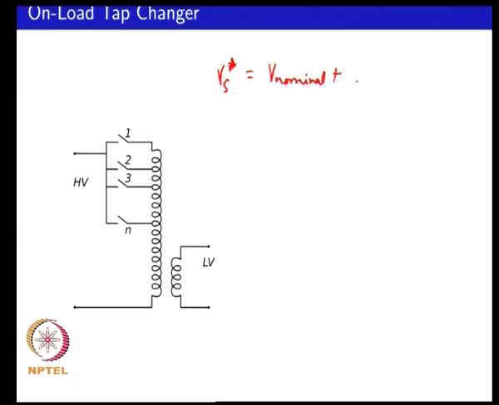plus some boost voltage corresponding to the impedance up to the 30% distance times your current that is being drawn at the substation, because you physically cannot take a sensing wire, put it few kilometers out to sense the voltage at that particular point. What you physically have at the substation is the voltage at the substation.